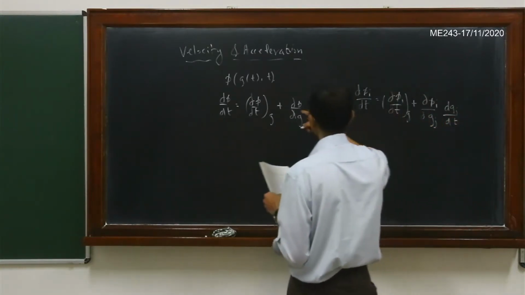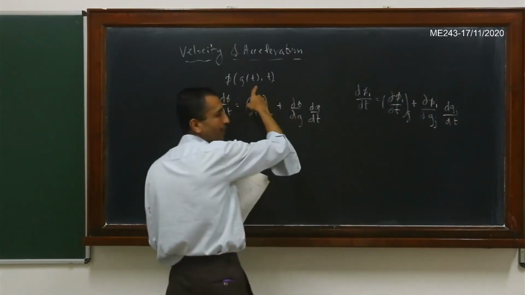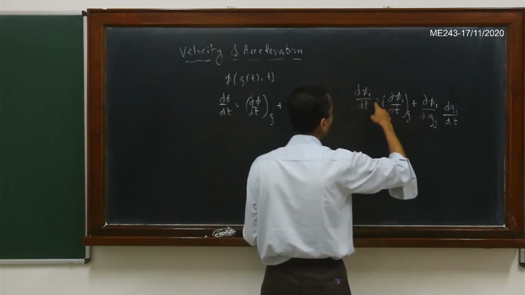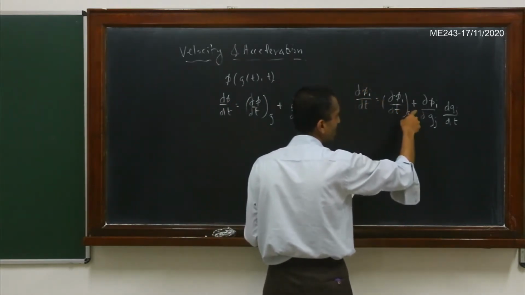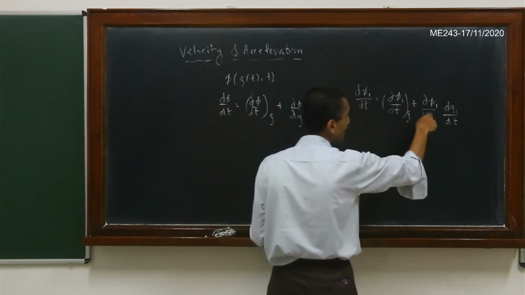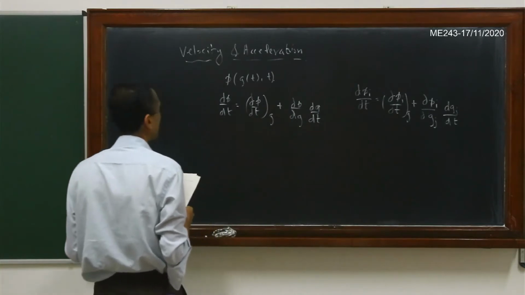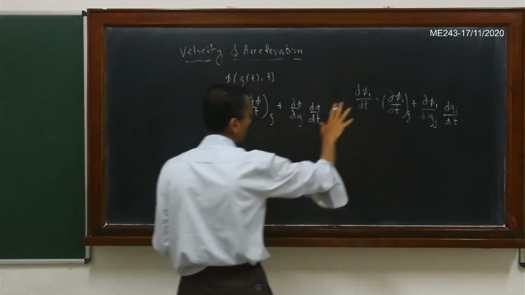So this is for a scalar valued function, and this is now for a vector valued function. We can easily extend this chain rule to a vector valued function of a vector g.